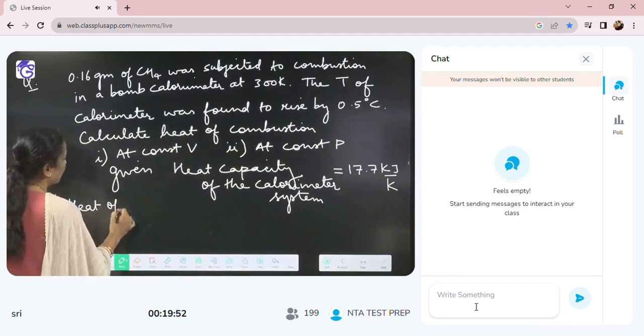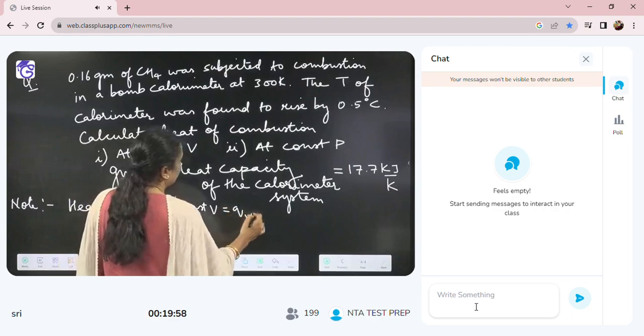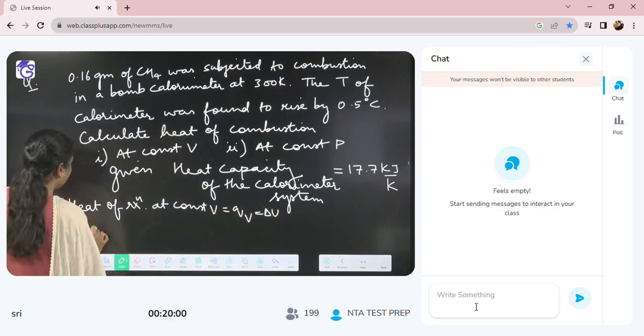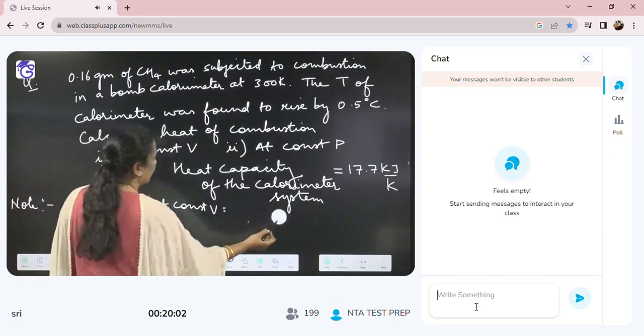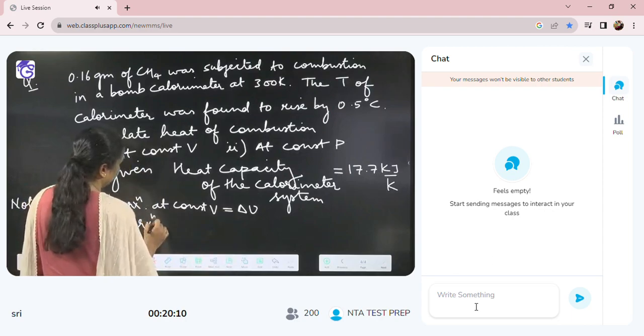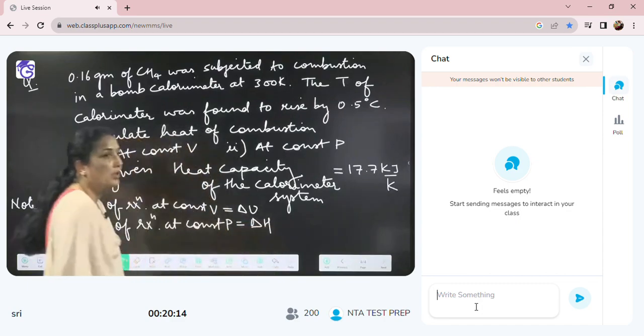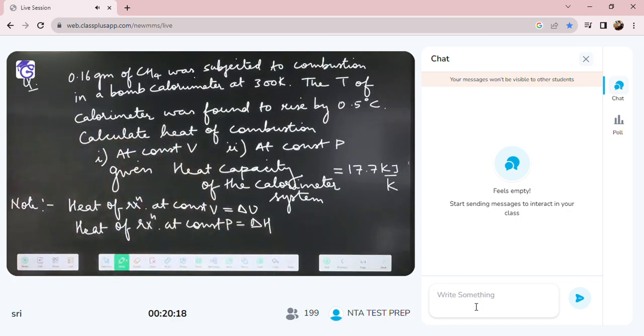Heat of reaction at constant volume, in fact all of you know this, is equal to delta U. And if they are asking you heat of reaction at constant pressure, you are going to write delta H. So first of all, calculate delta U because I have asked heat of reaction at constant volume. Everything is given to you very clearly. Go for it and let me know the answer. For delta U, what will be the formula which you are going to use?